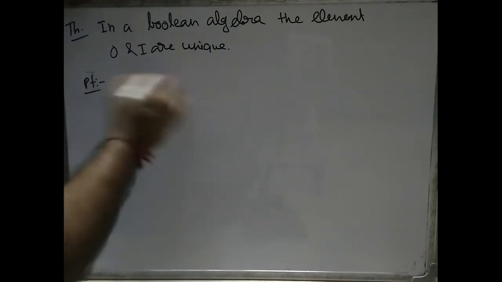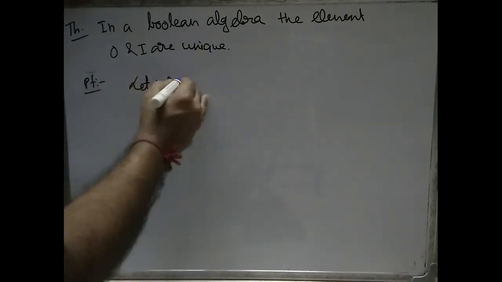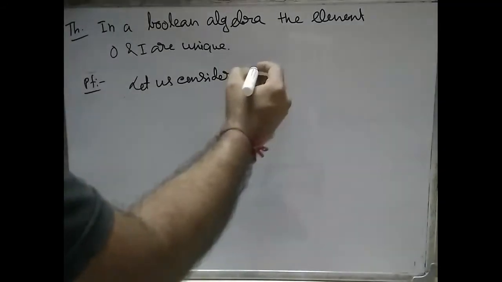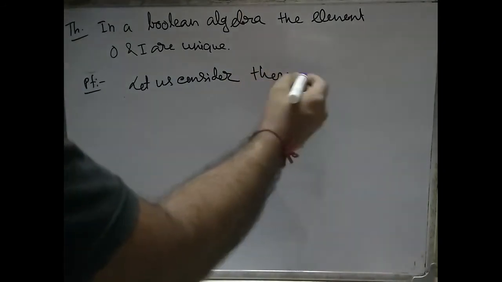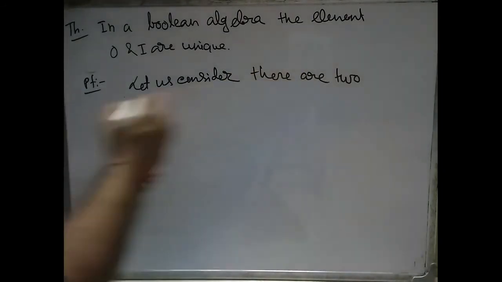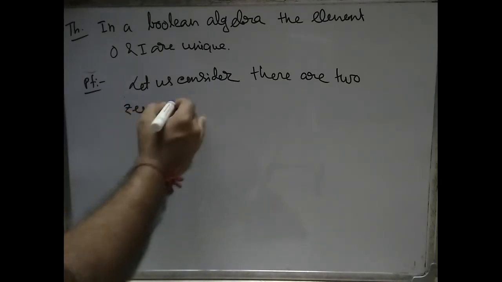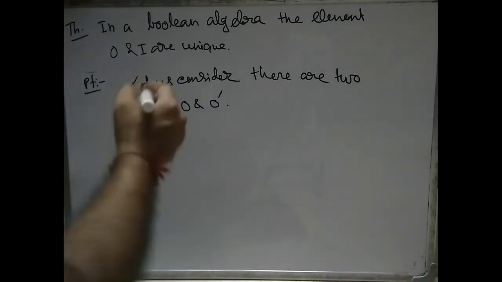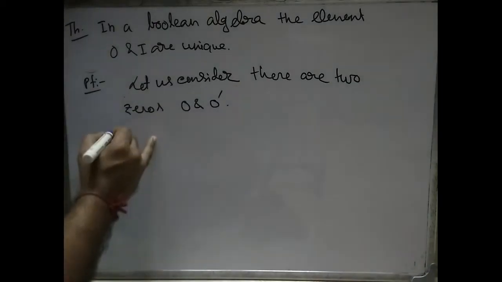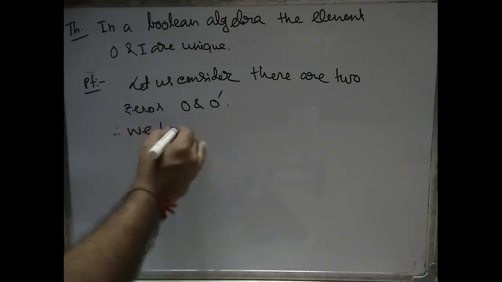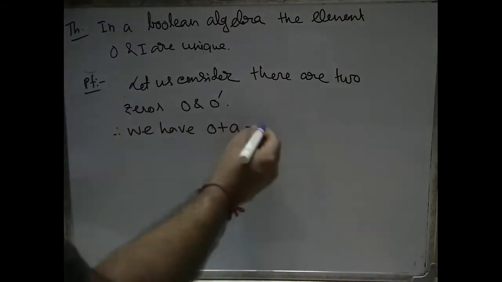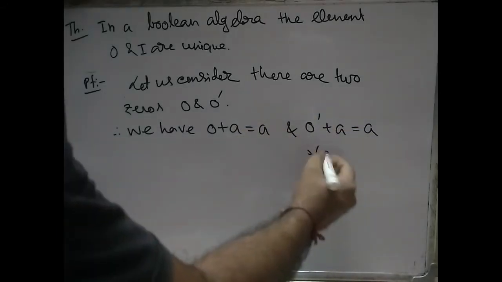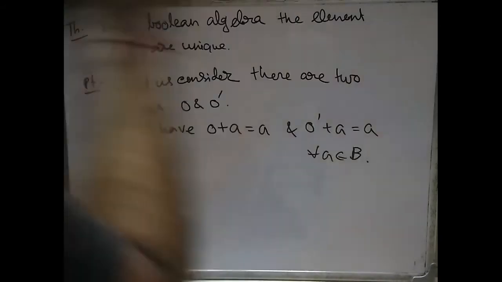Proof. Let us consider there are two zeros, 0 and 0 dash. So by the property of 0 and 0 dash, we have 0 plus a is equal to a, and 0 dash plus a is equal to a for all a belonging to B. Fine.